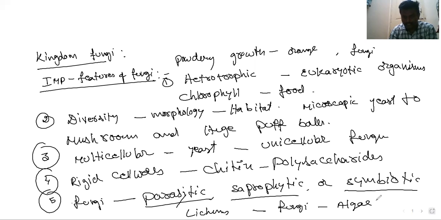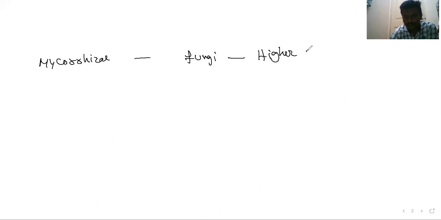Next, mycorrhiza is the association of fungi and roots of higher plants. This kind of association is called symbiotic association.